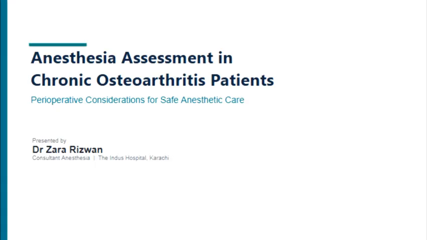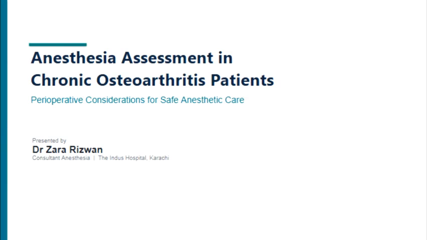The pathophysiology that is relevant to anesthesia: osteoarthritis is primarily a degenerative disease. It's not a systemic one like rheumatoid arthritis, but as it is chronic, that matters a lot. There is progressive cartilage loss that results in pain, stiffness, deformity.